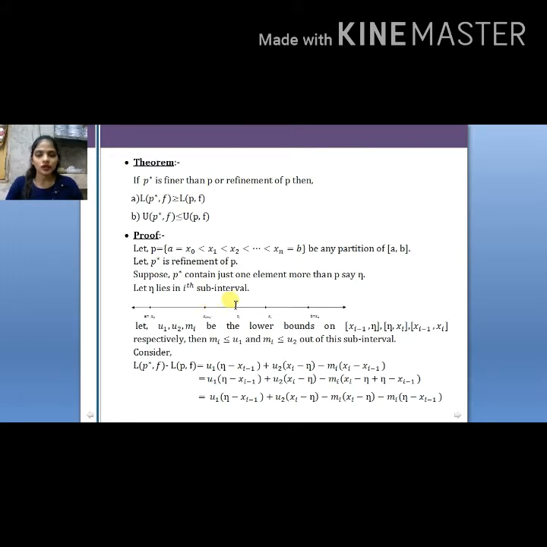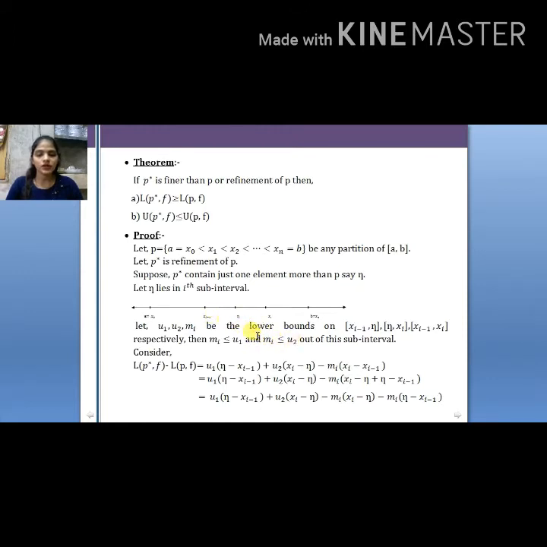Now the second closed interval is eta to x_i, and u2 is the lower bound of that interval, that is, u2 is here, and small mi is the lower bound of that whole interval x_{i-1} to x_i, that is, here is mi. That means small mi is less than or equal to u1 and small mi is less than or equal to u2.